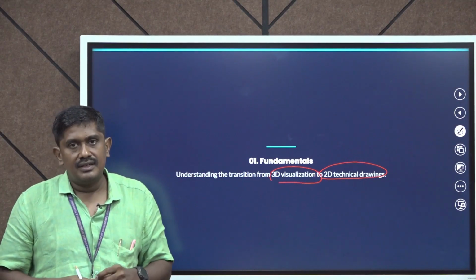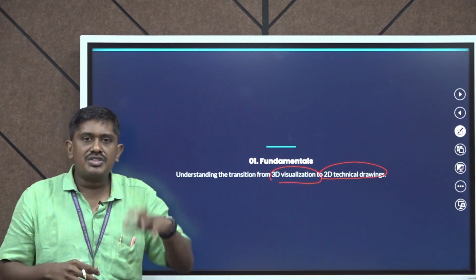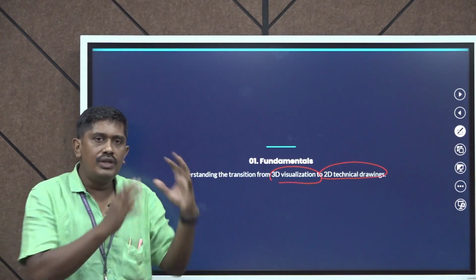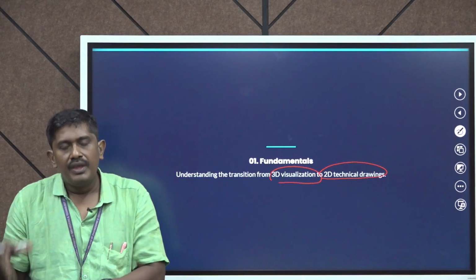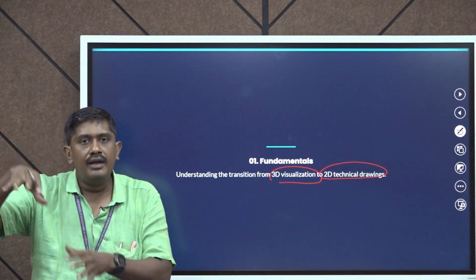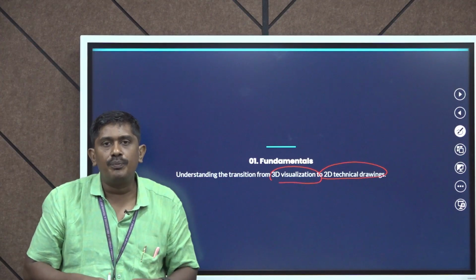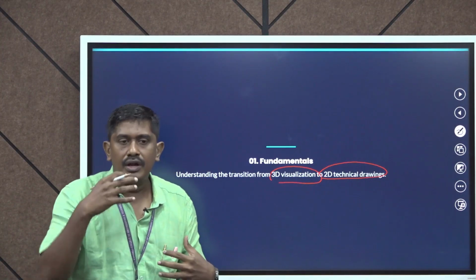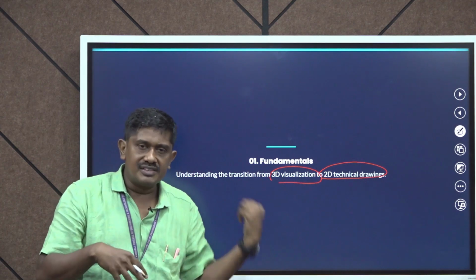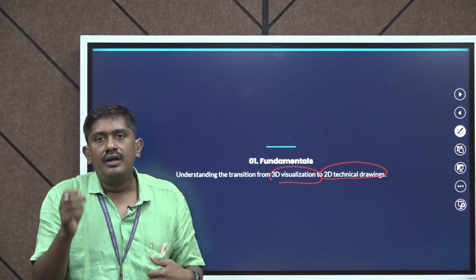For domestic purposes, most of the consumers only understand 3-dimensional. On the shop floor, they only know about reading the 2-dimensional drawing, because whatever 2-dimensional diagram the shop floor person receives, along with the raw material, is what they work on the machine to make the final part.